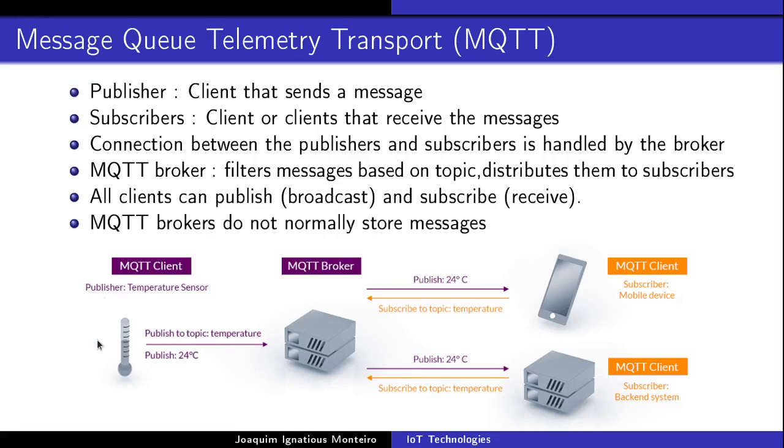In this particular scenario, I'll just illustrate this. There is a temperature sensor which is publishing to a topic. You can say this is the channel name, Asianet News. I have no affiliations towards Asianet News.